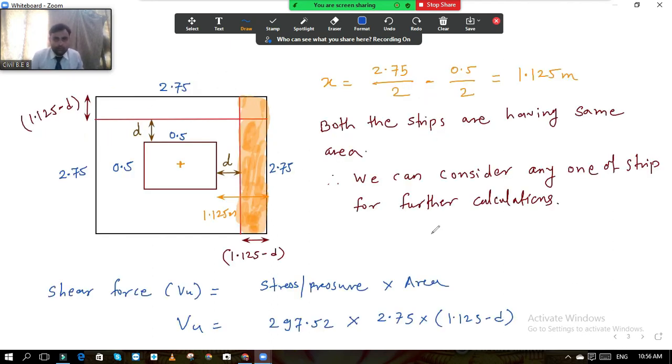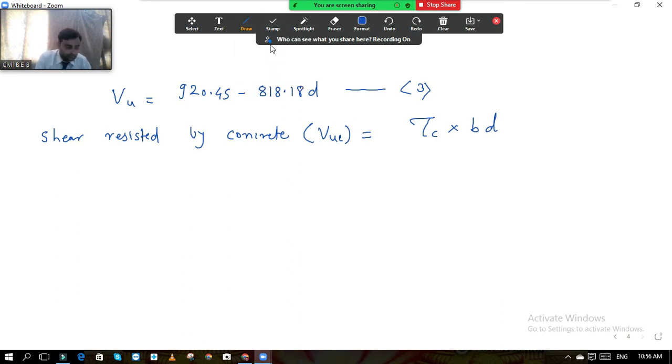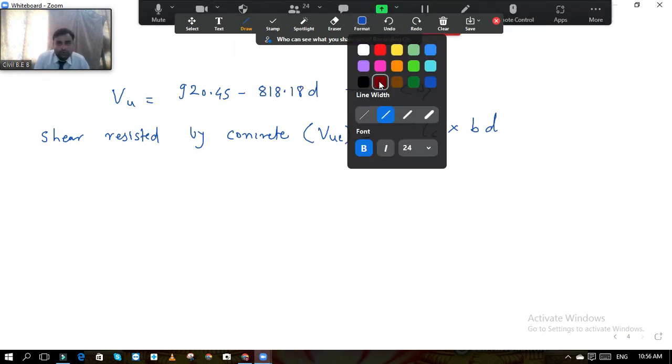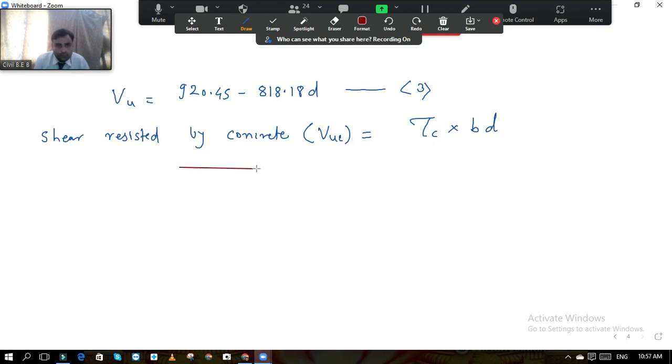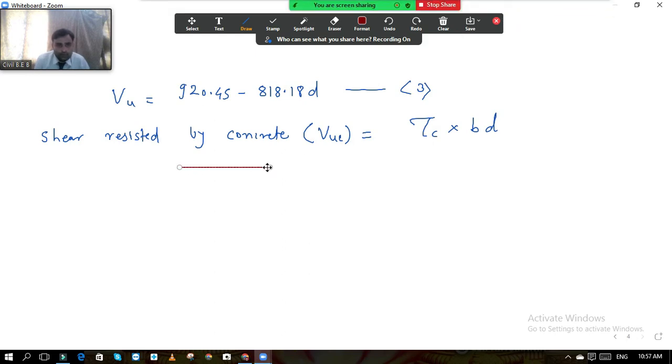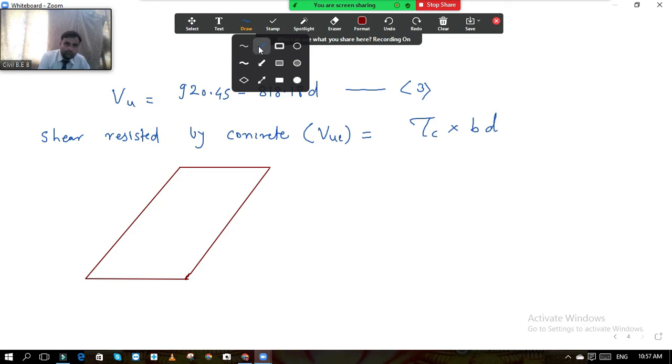So now this dimension is 1.125 minus d. This is the strip. Now here, depth d.